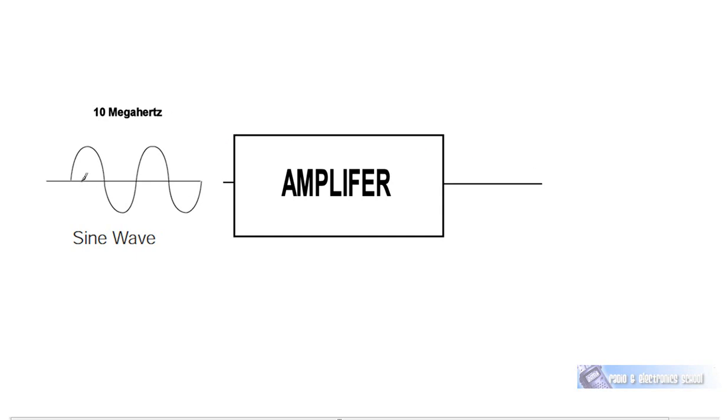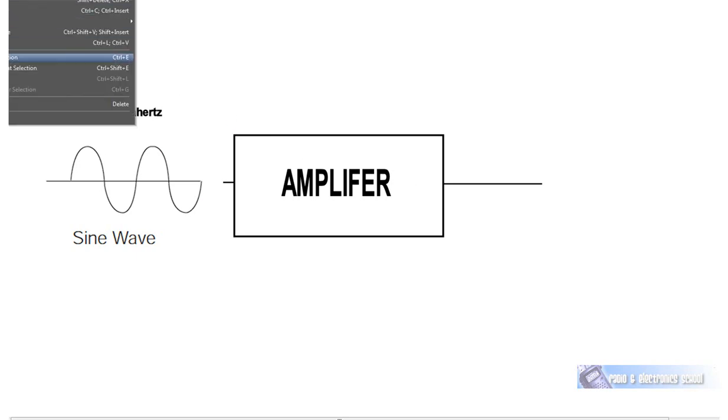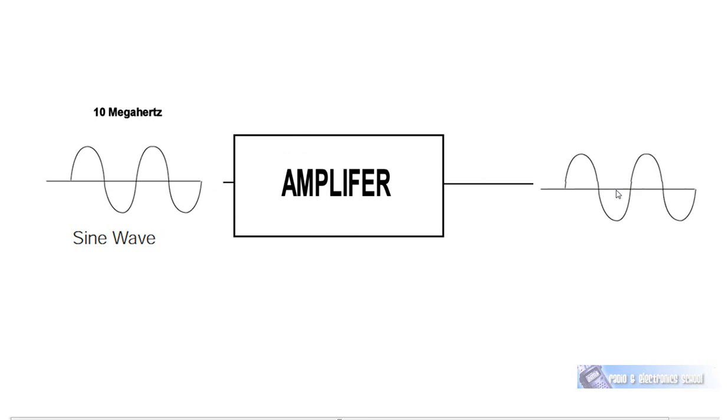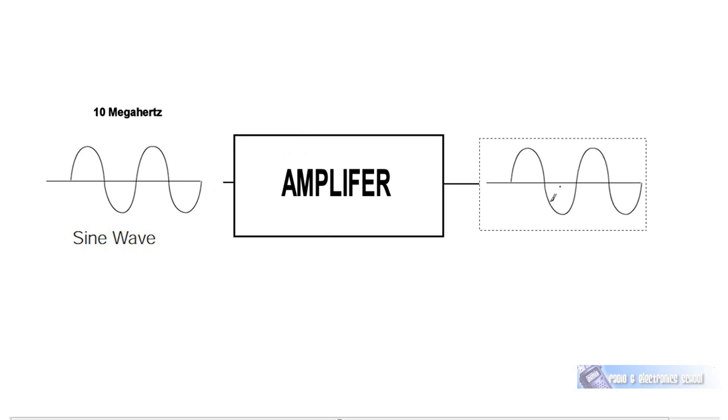So if I was to put 2 cycles of sine wave into this linear amplifier, I would expect out exactly what I put in, the only difference being the output would be larger than the input. This would be a higher voltage signal than the input signal.